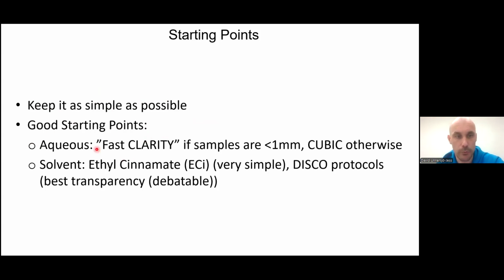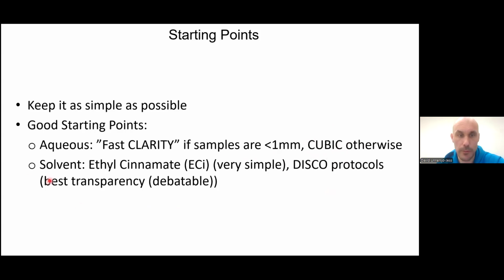For the aqueous protocols, the fast Clarity protocol that we developed is a very simple starting point. It doesn't create the largest transparency, so samples need to be fairly small. It works routinely for samples up to 1 millimeter, maybe a little bigger. If your sample is bigger than this, I would consider other protocols, such as Cubic, which we had good experience with.